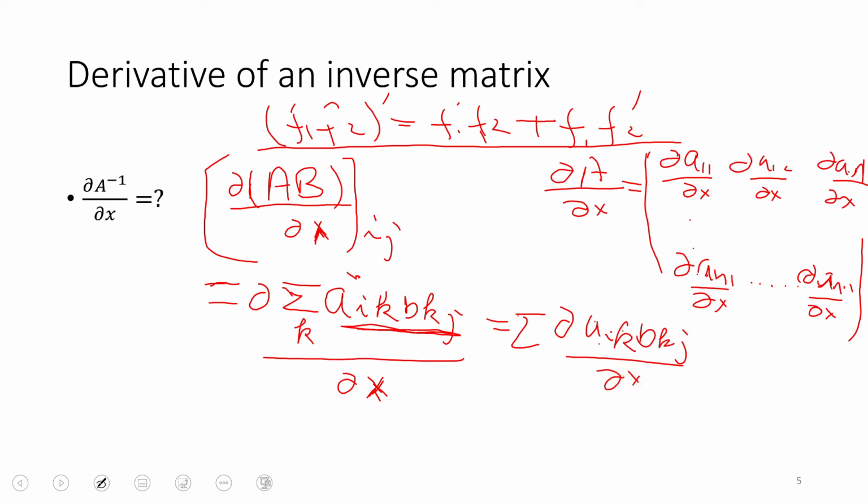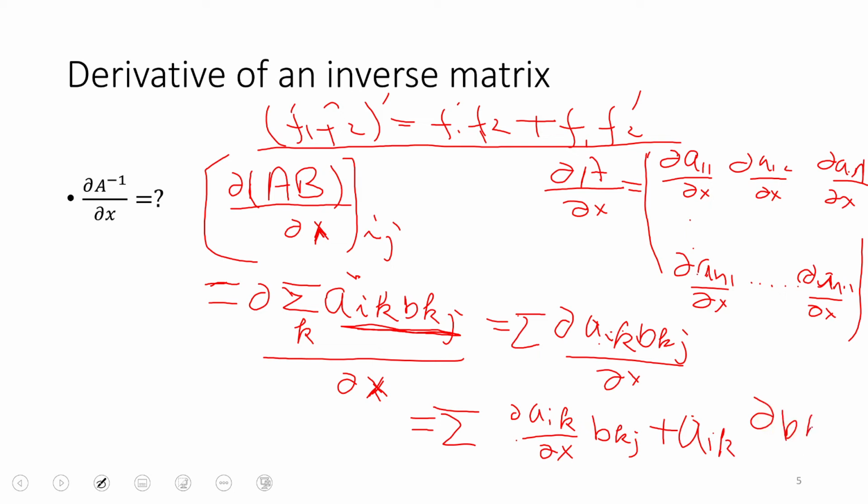Using the product rule, this is equal to the summation of partial A ik with respect to partial x times B kj, plus A ik times partial B kj with respect to partial x, again summing over k.